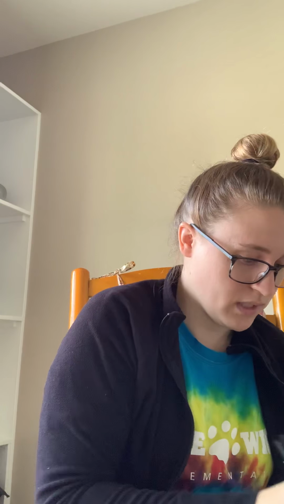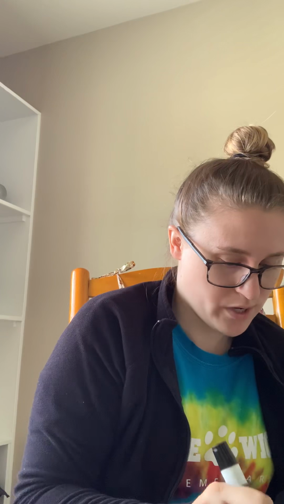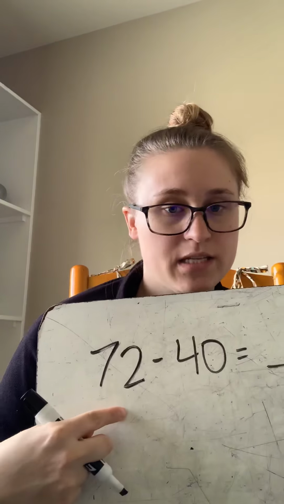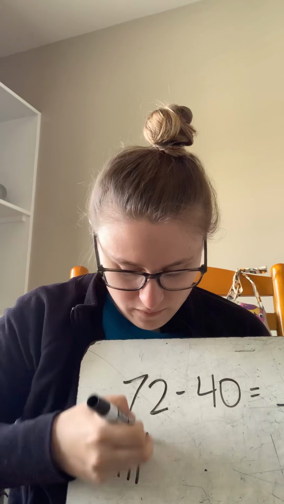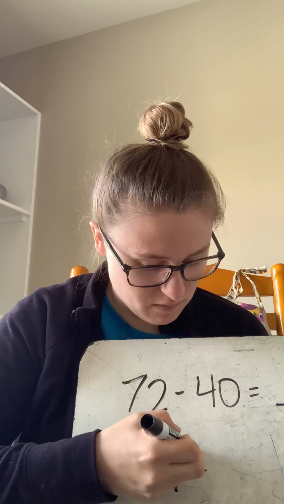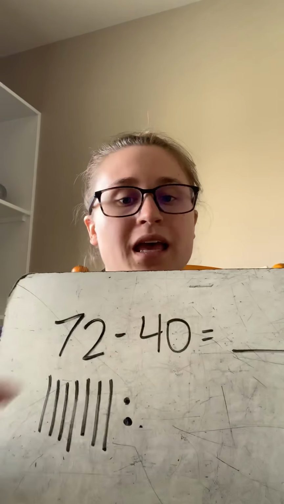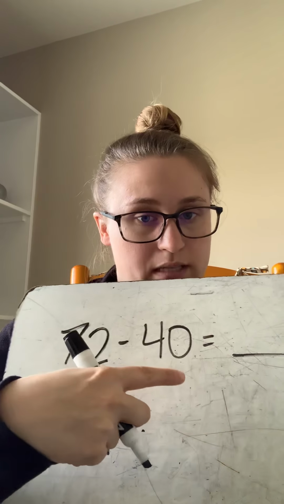Okay, I'm going to show you one more just so we can kind of get the hang of it. So let's do 72 minus 40 equals blank. Okay, the first thing I need to do is I need to draw that first number. So 10, 20, 30, 40, 50, 60, 70, 71, 72. Then I need to take away this number.